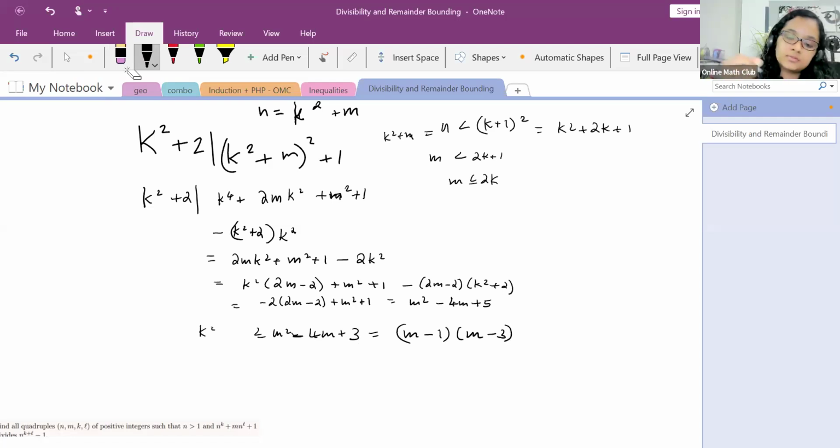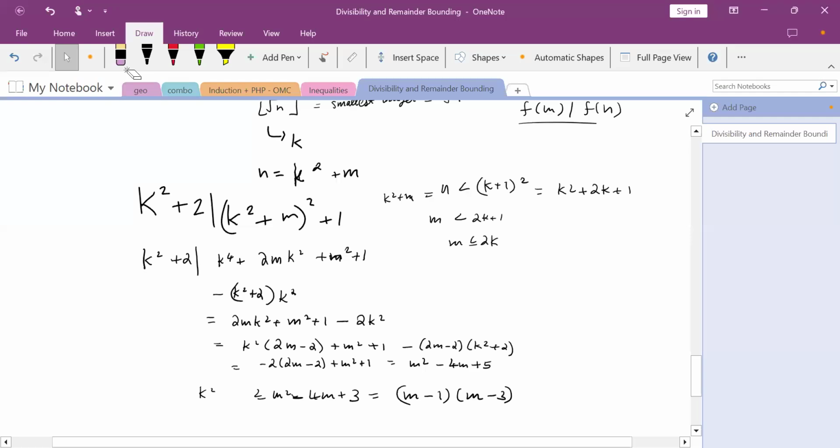And this expression is less than or equal to, oh, that doesn't give us anything useful. By the way, m equals 0 case is trivial. There is no solution. Okay, yeah, that's true.